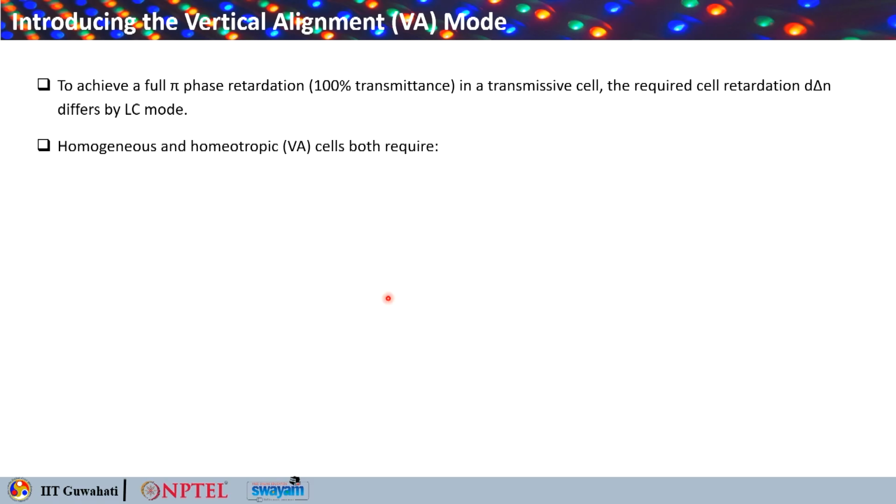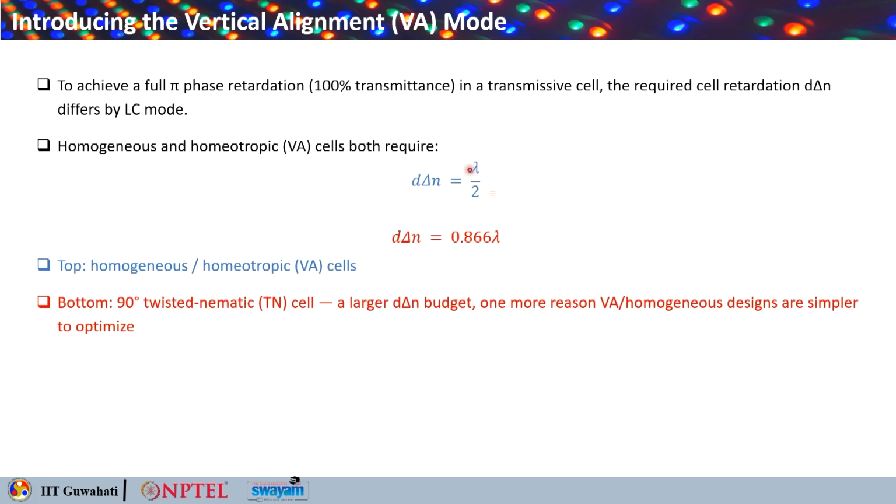So for homogeneous cells and for homeotropic cells, that is the vertical alignment cells, the required d delta n is simply lambda over 2, that is basically half the wavelength of the light, and this is the classic half wave plate criteria, right? So for a 90-degree twisted nematic cell, you can see that the value is around 0.866 lambda, and in other cases it's just 0.5 lambda.